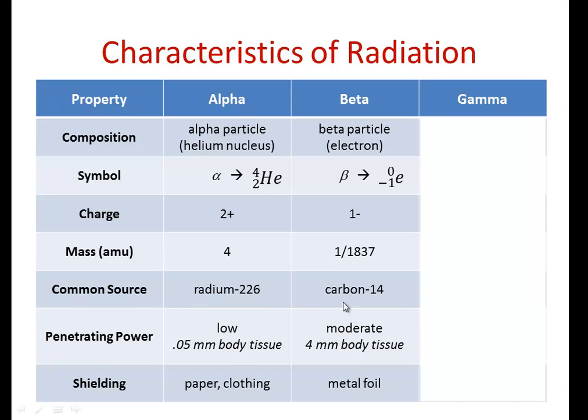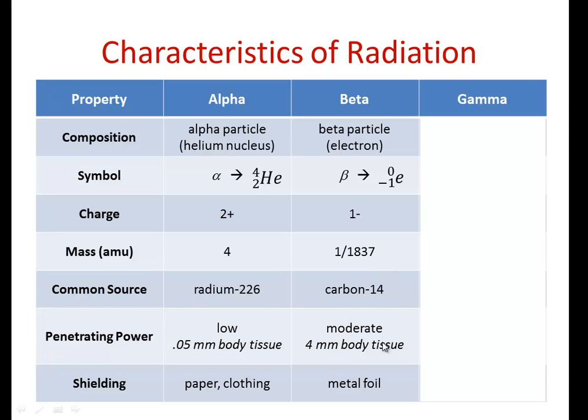Okay. A common source of beta radiation is carbon-14. So when you hear about carbon-14 dating of fossils, what they're detecting from the artifact is beta radiation.